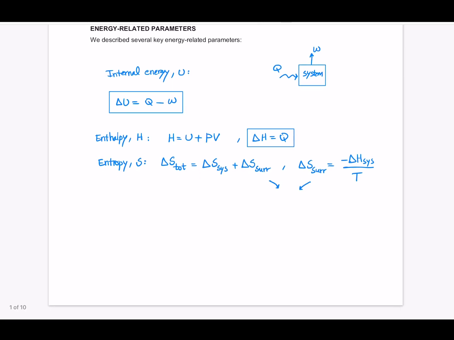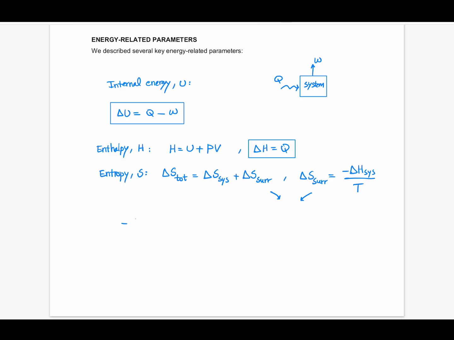Combining these two together, minus T delta S of total is equal to the change in the enthalpy of the system minus T times the change in the entropy of the system. Again, all at the system level.